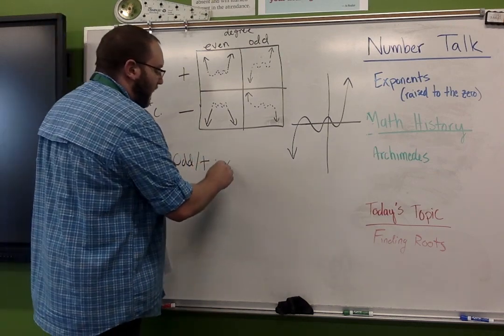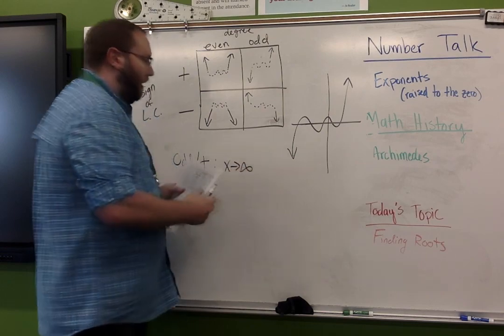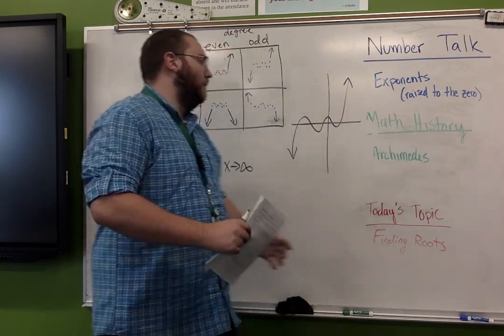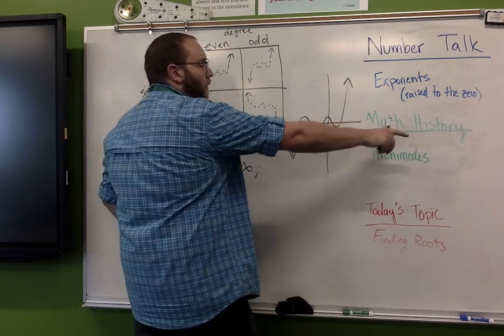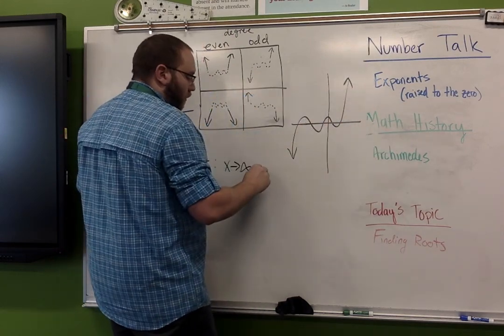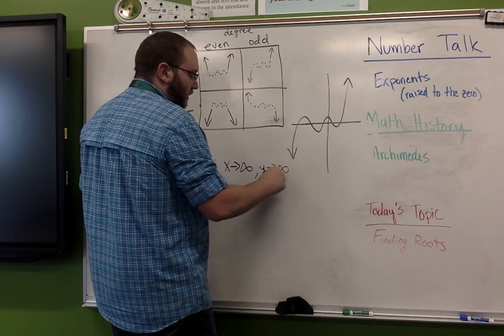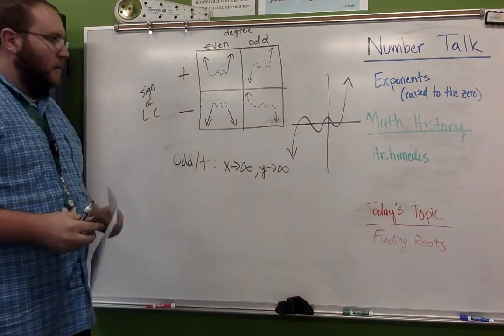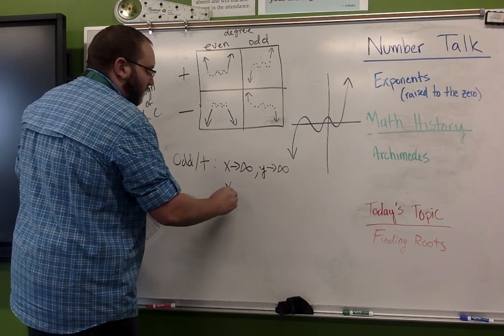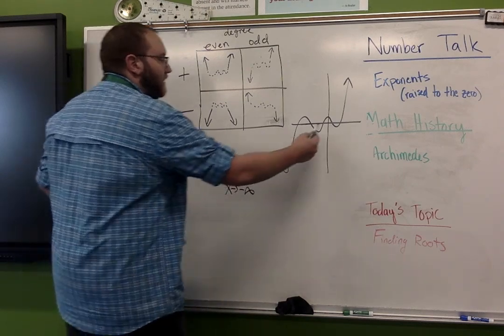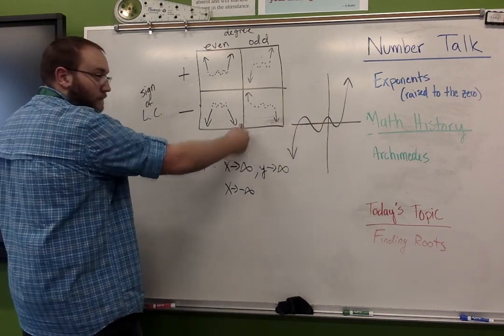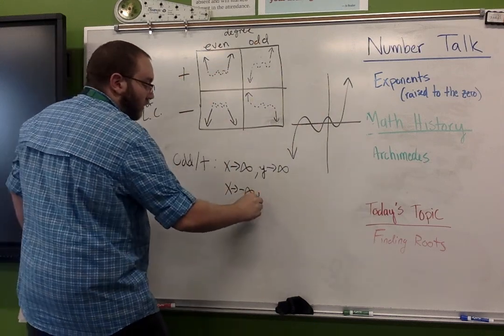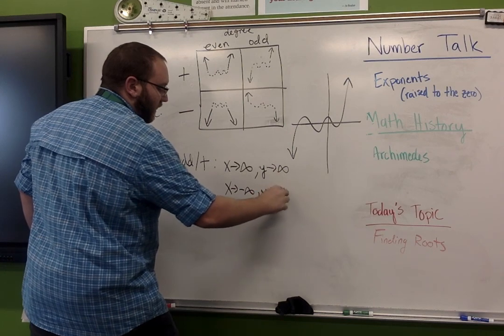So as x goes to infinity, as x is going that way, y goes up. So y goes to positive infinity. As x goes to negative infinity, so as x is traveling this way, which way is the tail going? Going down. So y goes to negative infinity.